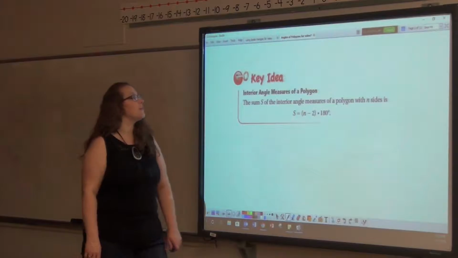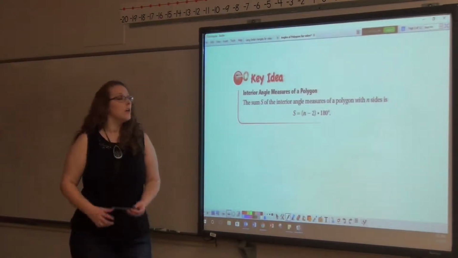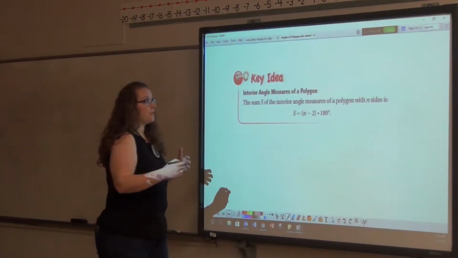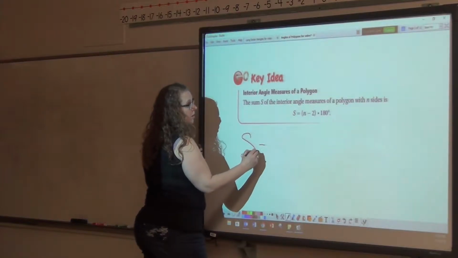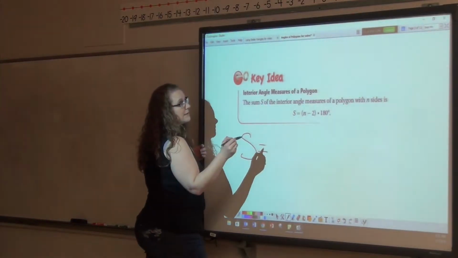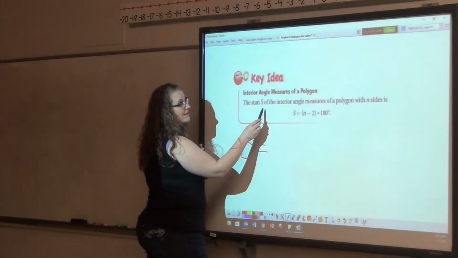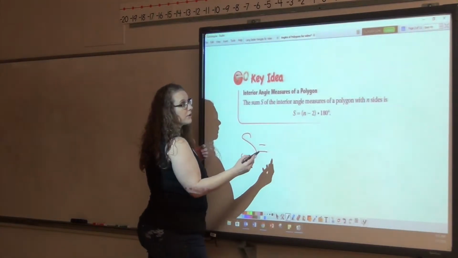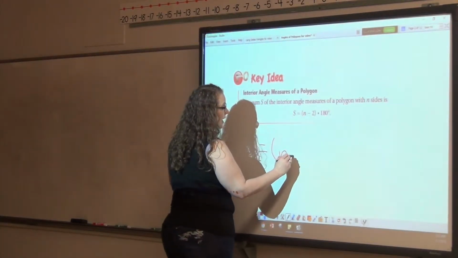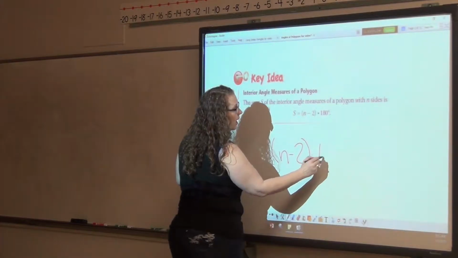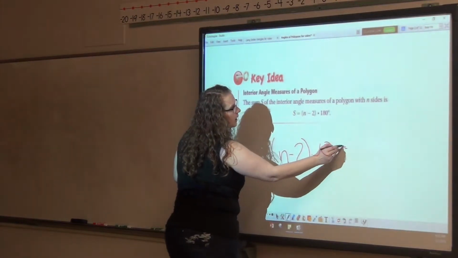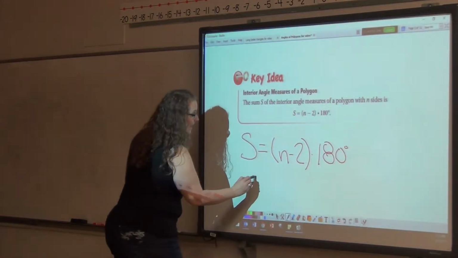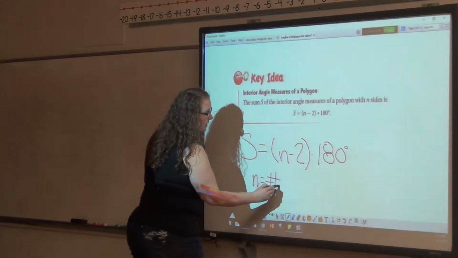Okay, so the formula for finding the interior measures of a polygon is: S is the sum of the interior angles. So the sum of the interior angles equals n minus 2 times 180 degrees. And n is the number of sides.